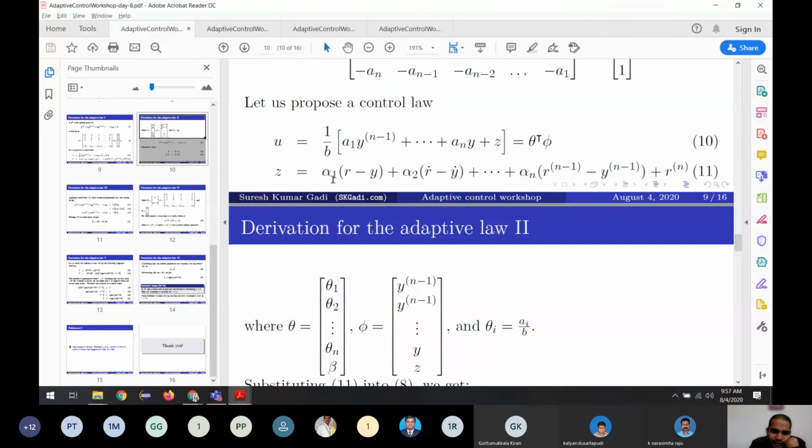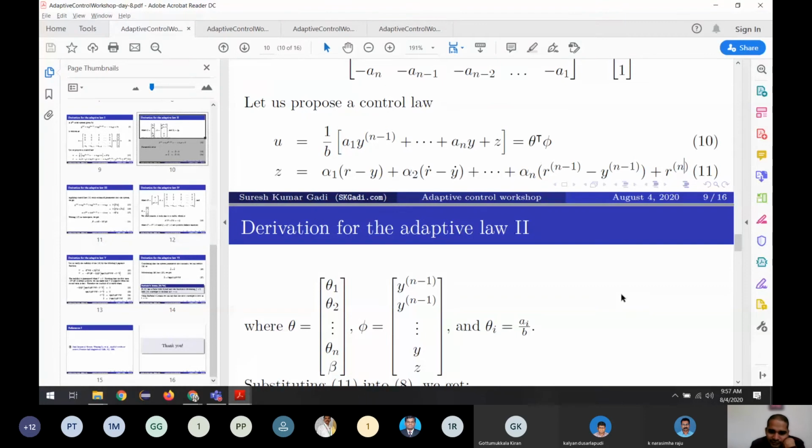So we are saying Z is equal to alpha 1 times R minus Y, or we can say error, alpha 1 times error, alpha 2 times error dot. So we are adding n plus 1 terms actually, from 0 to n, so these are n plus 1 terms we are adding.